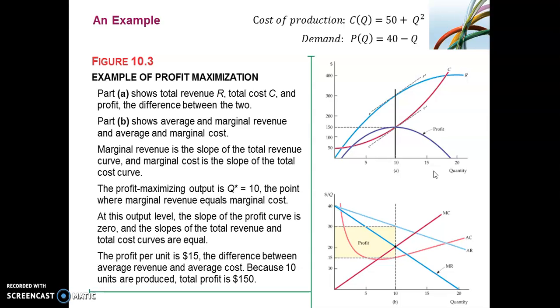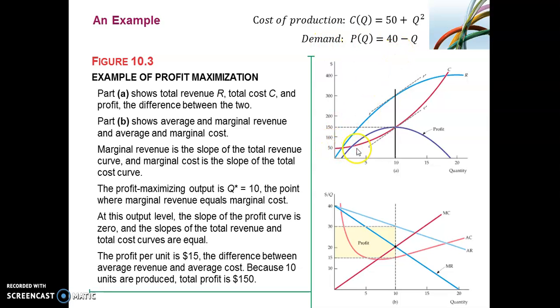So using algebra, you can solve this, and everything that I just spoke through now is your first year microeconomics. But now graphically, we are going to speak through it, and you should be able to solve both graphically and algebraically. So in the first part of this figure, the following curves are presented. You have your revenue curve or your total revenue. So you would have to derive that from this demand function that is given.